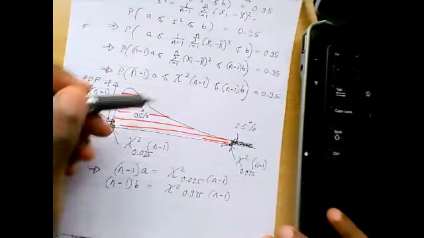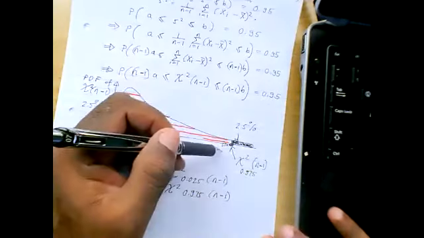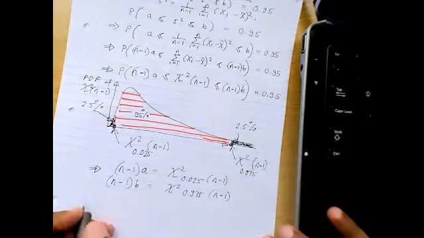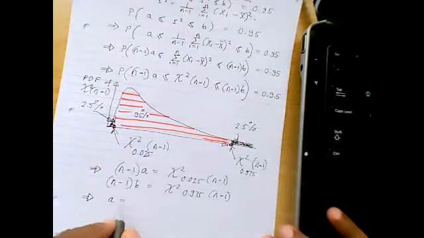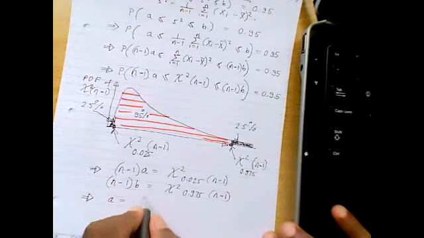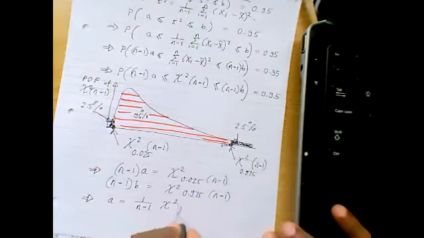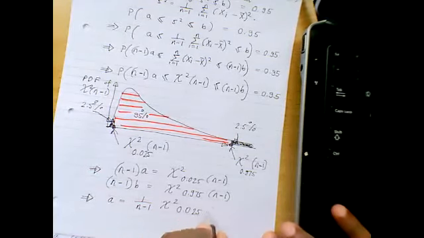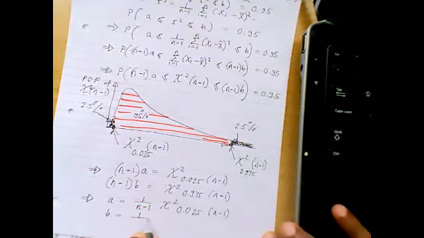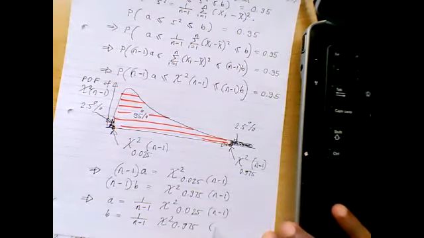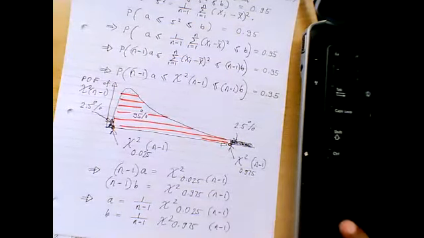which is this, and n minus 1 times b must be equal to this, which is this. And hence, to answer the question, a must be equal to 1 over n minus 1 times this, and b must be equal to that.